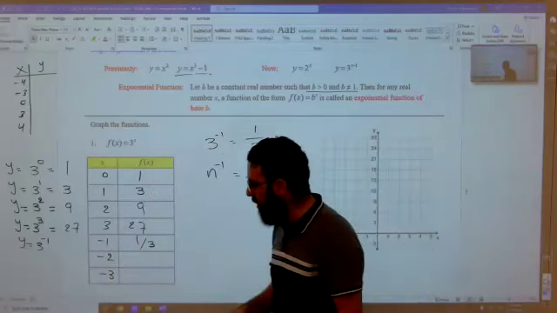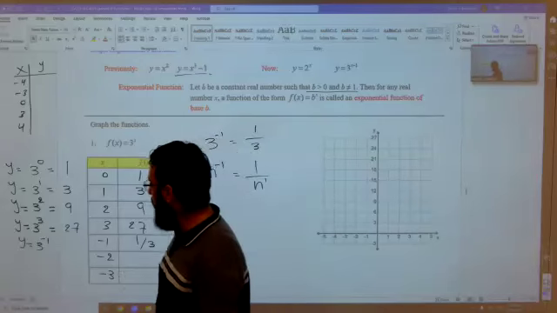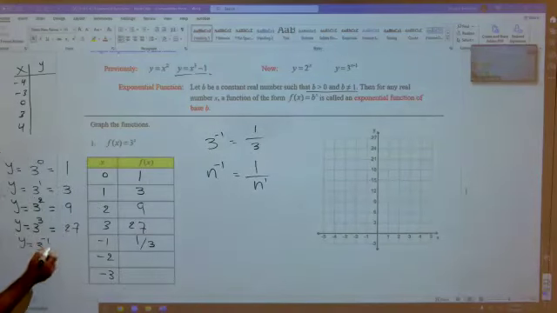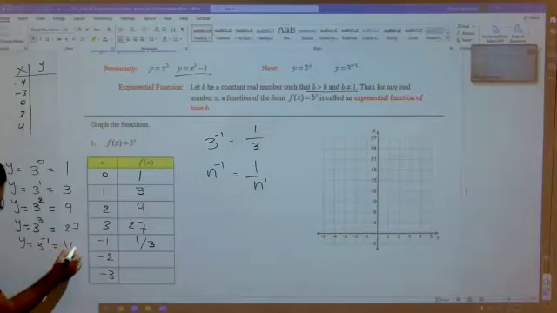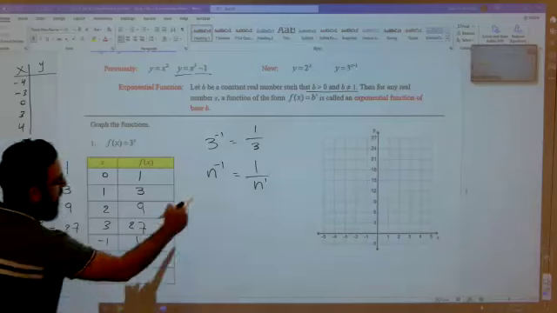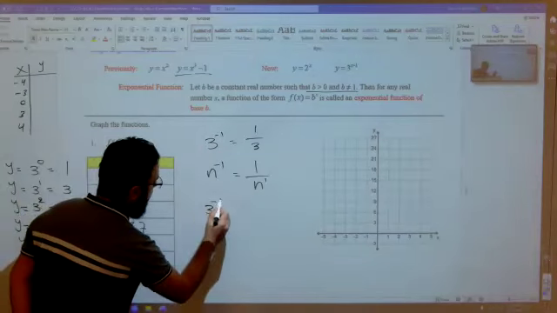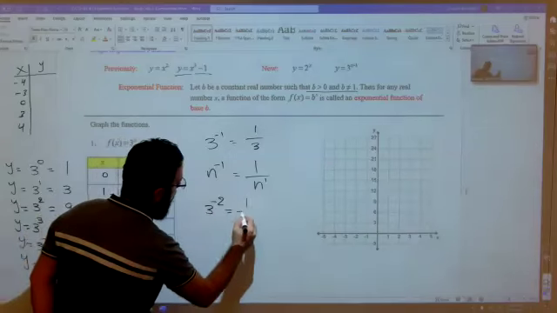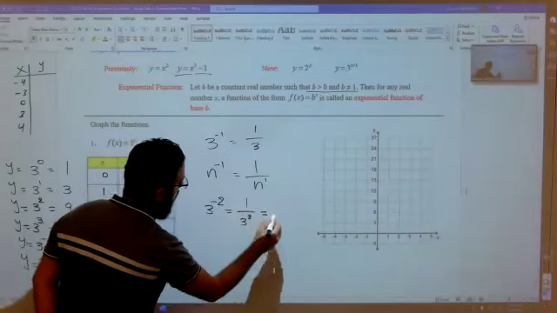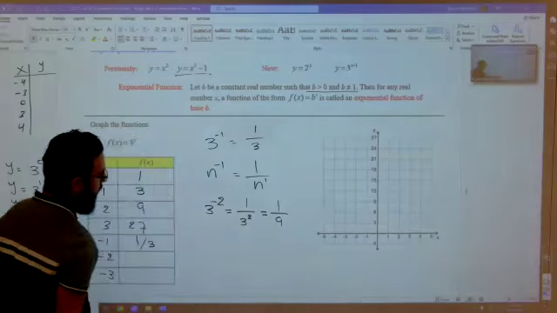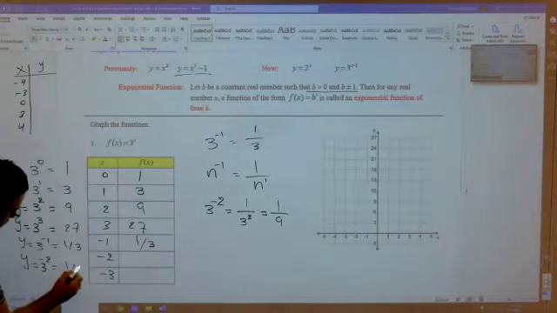It's maybe more accurate. What about negative 2? For this one, we got 1 over 3. What about y equals 3 to the power negative 2? It's going to be 1 over 3 squared, which is equal to 1 over 9.